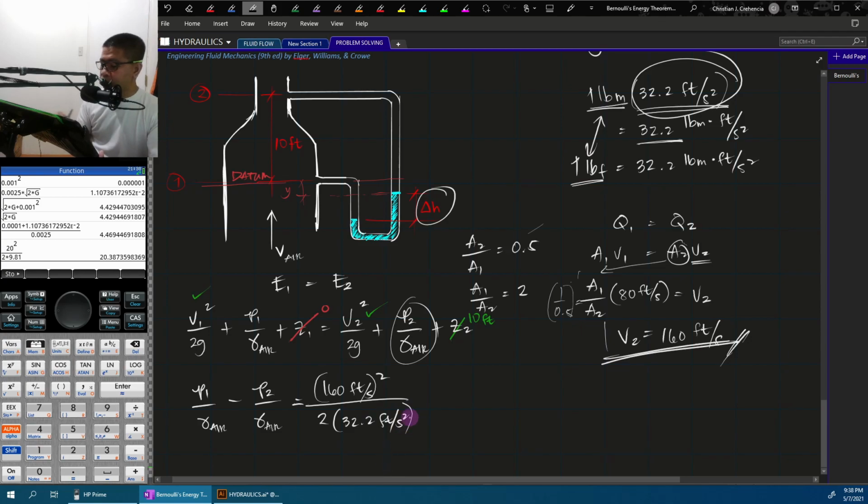Then we transpose this to the other side, minus 80 feet per second, quantity squared over 2g.